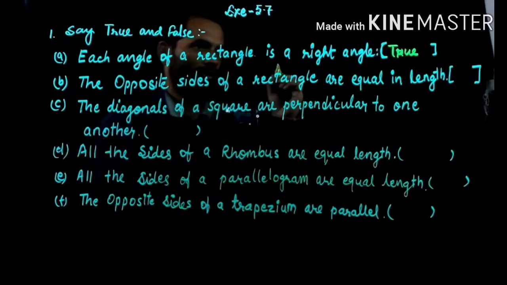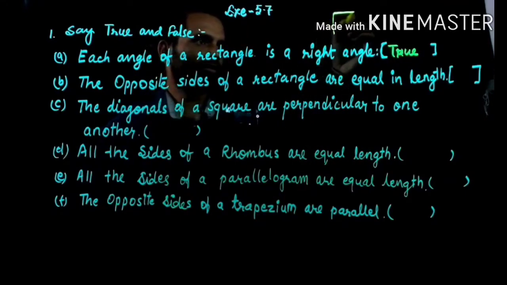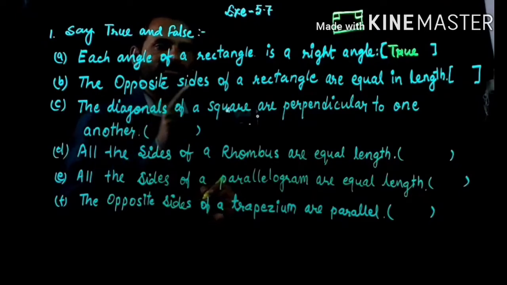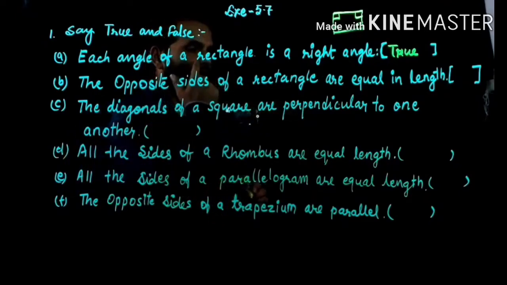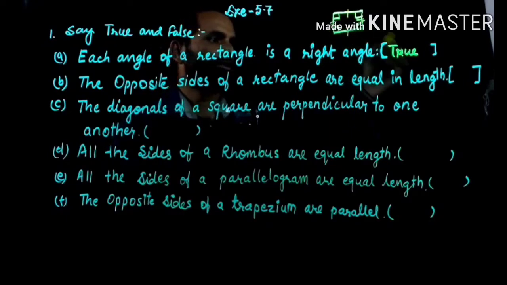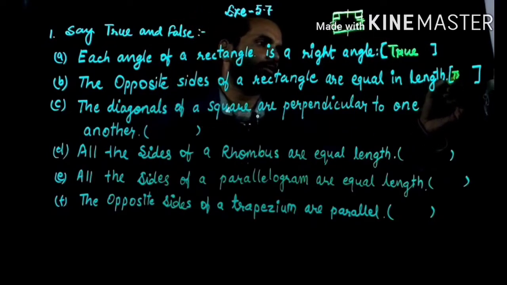Okay, because you understand in a rectangle all angles are 90. Second, the opposite sides of the rectangle are equal. Obviously the opposite sides of a rectangle are equal, so the answer is true.